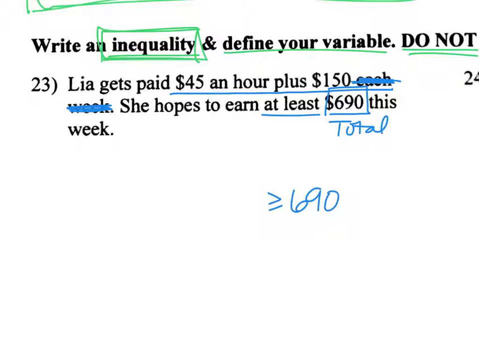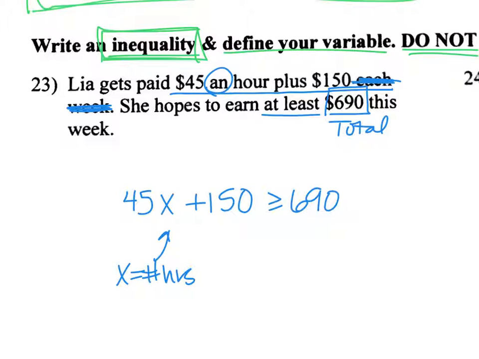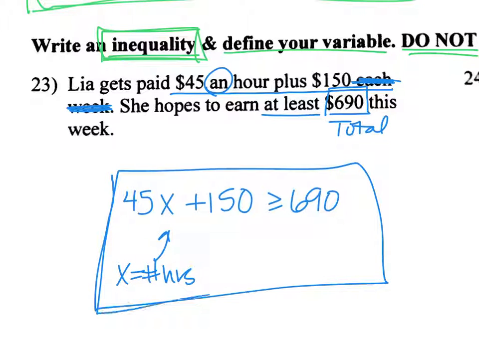The hour is how much is going to change. So that means I'm going to do $45 per hour. That means X is the number of hours plus $150 for 1 week. All right, so there we have our inequality.